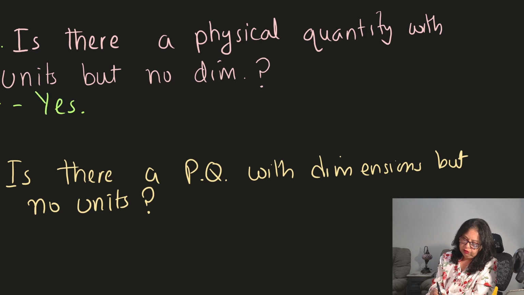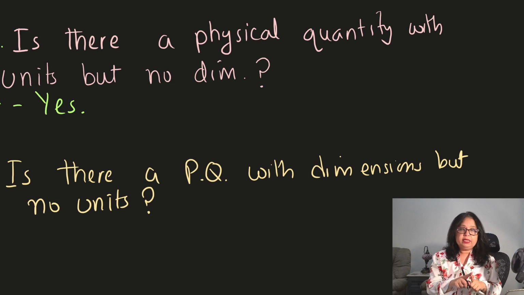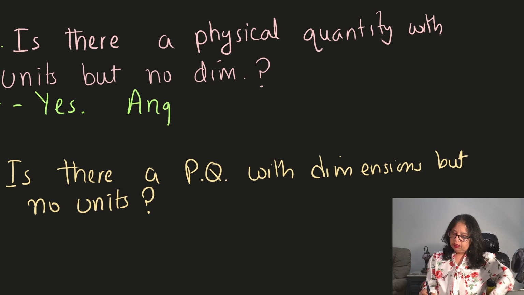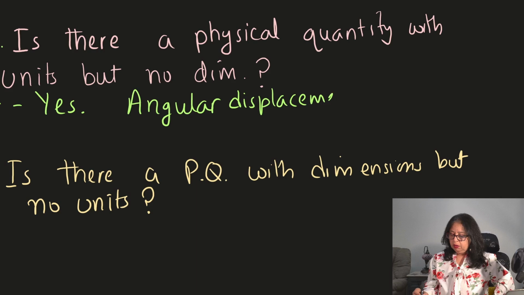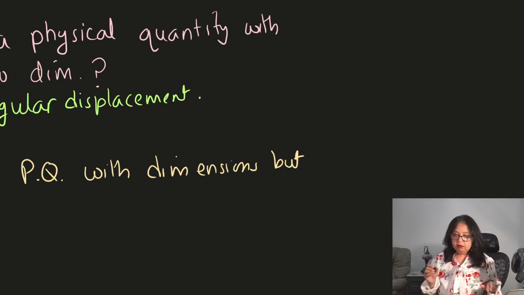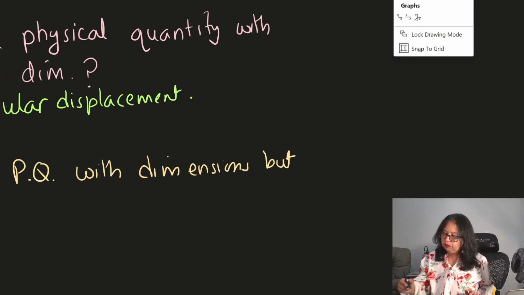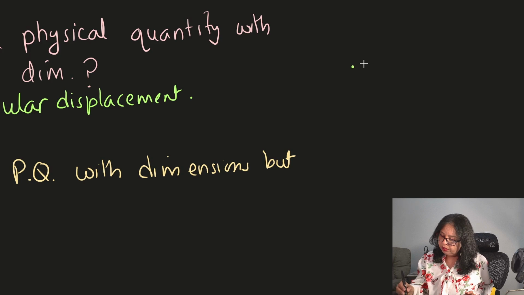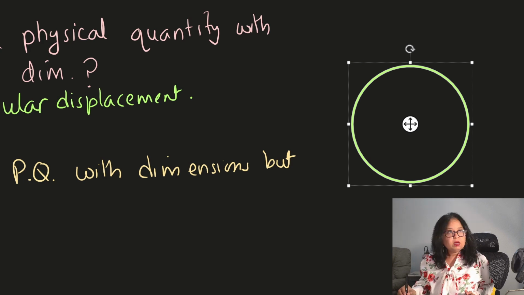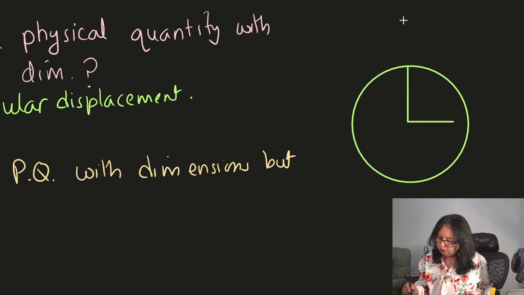Yes, there is one and only one physical quantity that has units but no dimensions, and that's going to be angular displacement. When something moves around in a circle, I can show it to you actually. I'll draw a picture, because a picture is worth 1,000 words. Is this a good enough circle for you guys? Good enough for me.